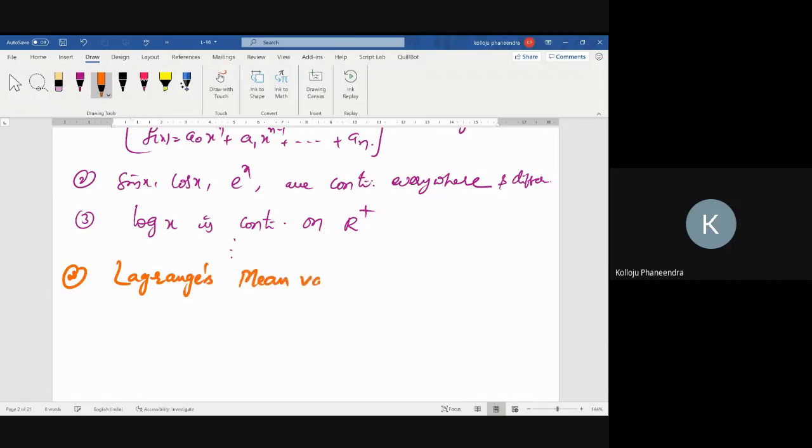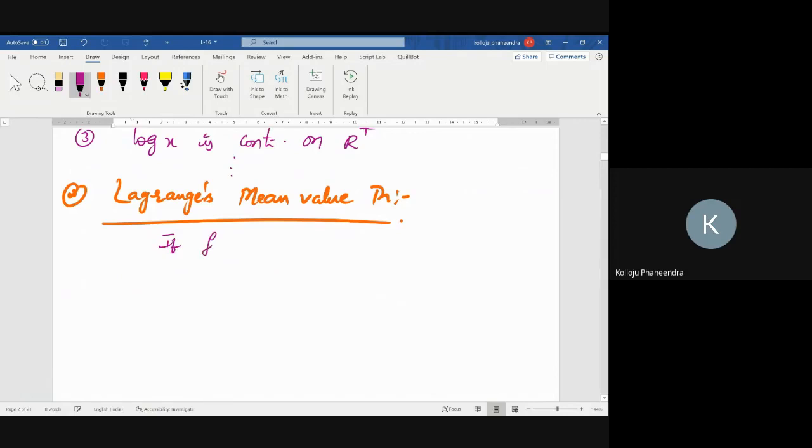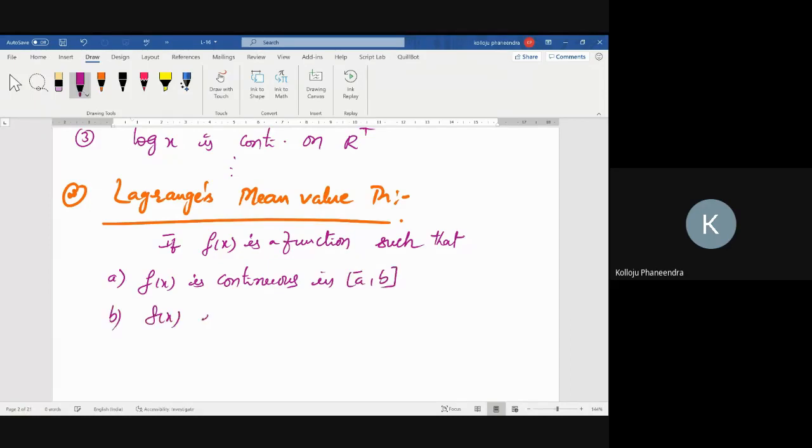Lagrange's mean value theorem. Now, the statement is: if f of x is a function such that, first, f of x is continuous in closed interval AB, and derivable, meaning differentiable, in open interval AB.